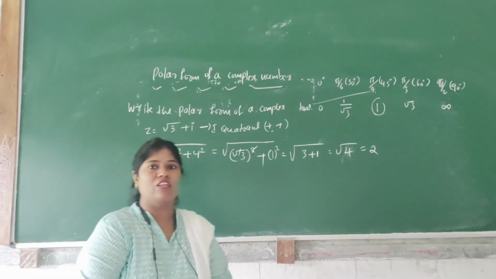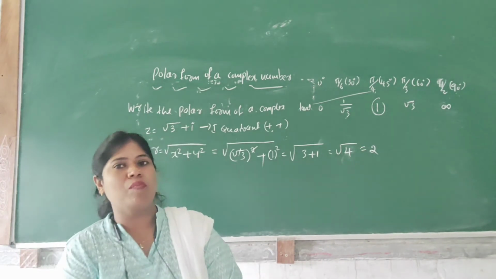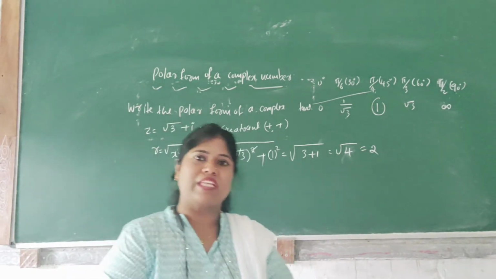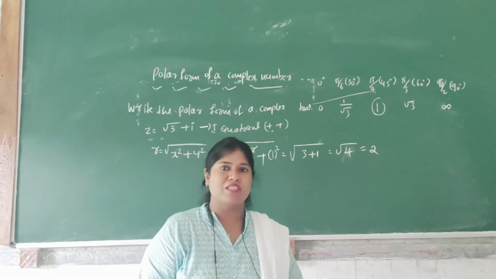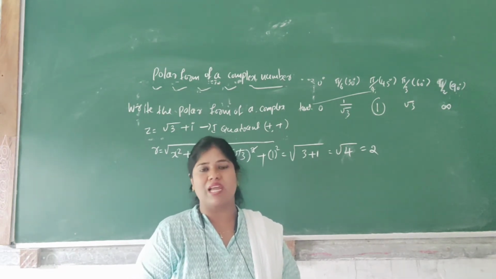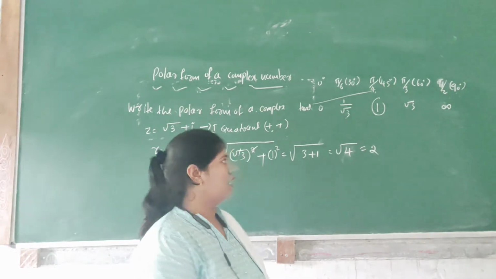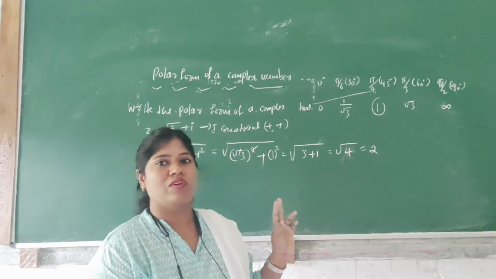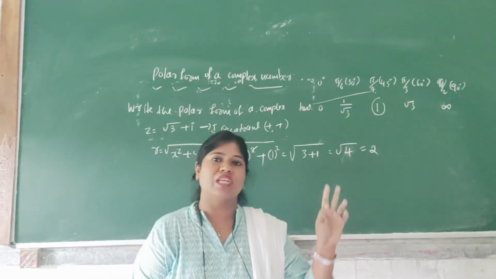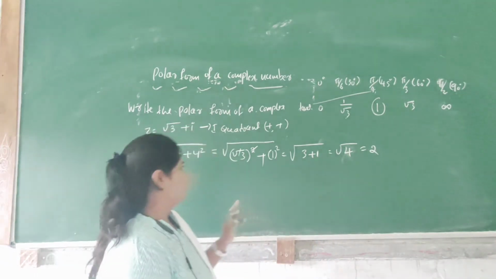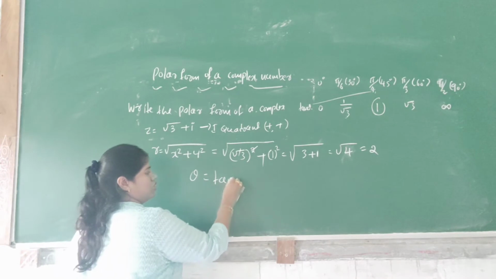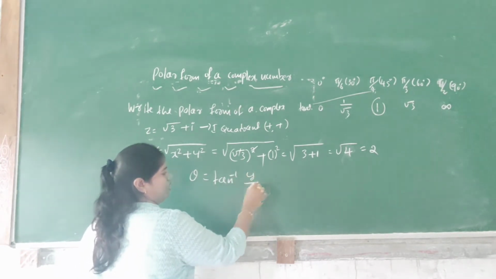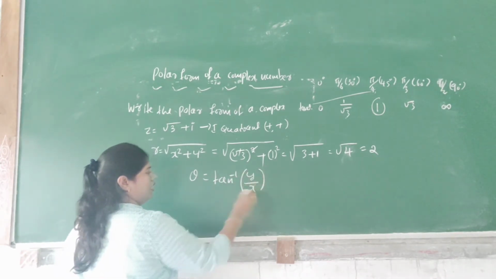Next, we have to find the amplitude or argument of the complex number. It depends upon which quadrant it lies in. If it is in the first quadrant, we write the amplitude as theta equal to tan inverse of y divided by x.